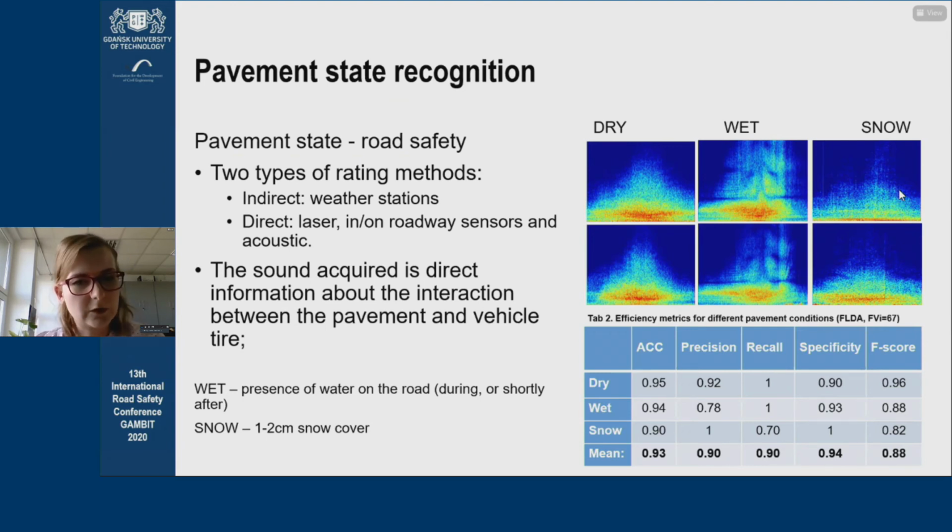So we would define the conditions for a given sound by pairing it with a measurement from the laser. And then we would observe how the characteristics of the sound change depending on the road conditions.